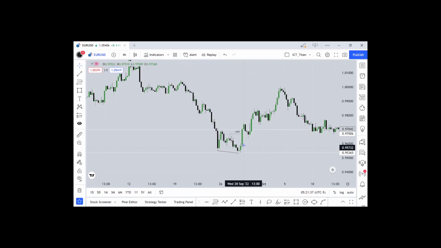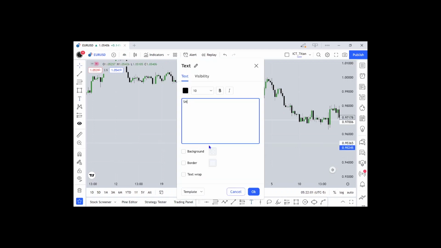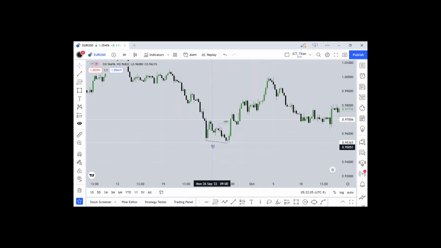You see this candle, the rapid move breaking structure, and when we want to confirm that indeed we are going up, the market is going long, then we use smart money technique or smart money tool for confirmation.